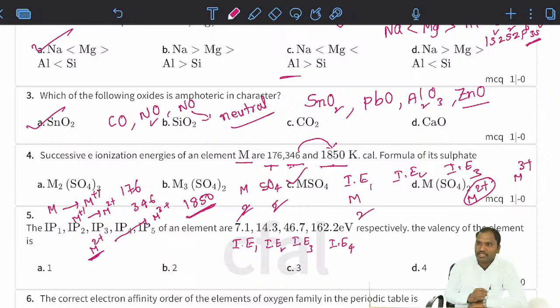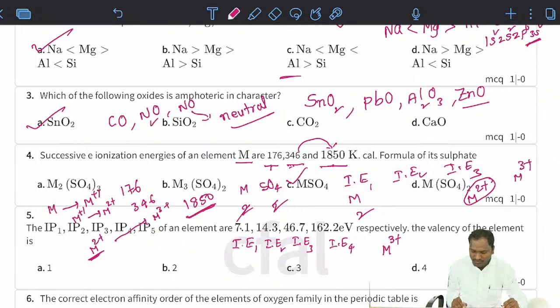Valency is nothing but number of electrons shared or number of electrons transferred. So here if you observe from IE3 to IE4 there is a sudden jump in ionization energy. Okay, thank you, Shiva. So its stable oxidation state is +3. Its stable oxidation state is +3.